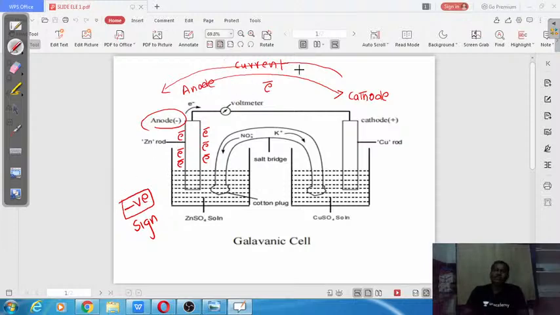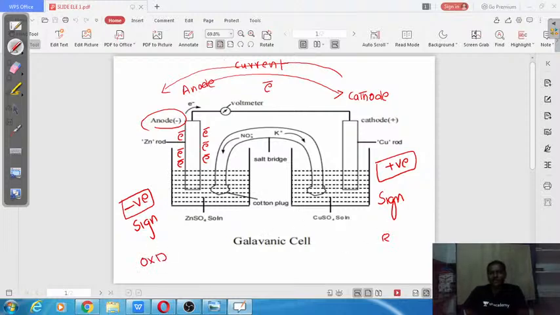That's why the anode is denoted by a negative sign. In an electrolytic cell, the anode is denoted by a positive sign, but in an electrochemical cell, it is denoted by a negative sign. By induction, the copper rod acquires a positive sign. So in electrochemical cells, the anode is negative and the cathode is positive.